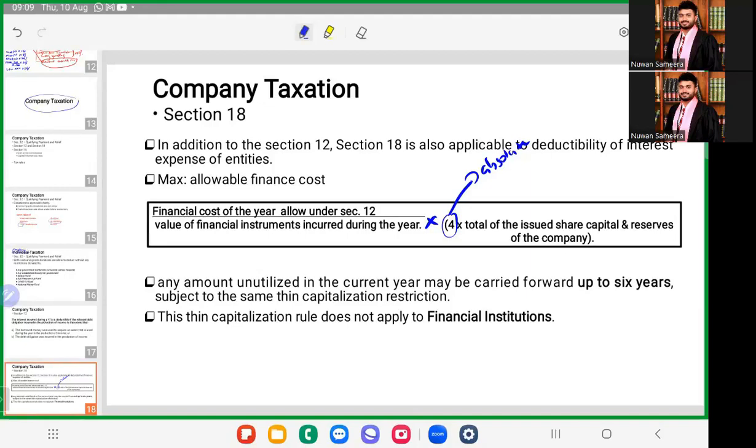So how do you identify the disallowed finance cost? Let's say the finance cost allowed under section 12 is 5 million, but under this maximum calculation, according to this formula, you got only 4 million. You have already deducted 5 million even though only 4 million is allowed. So the 1 million disallowable finance cost you need to add back to the business income calculation.